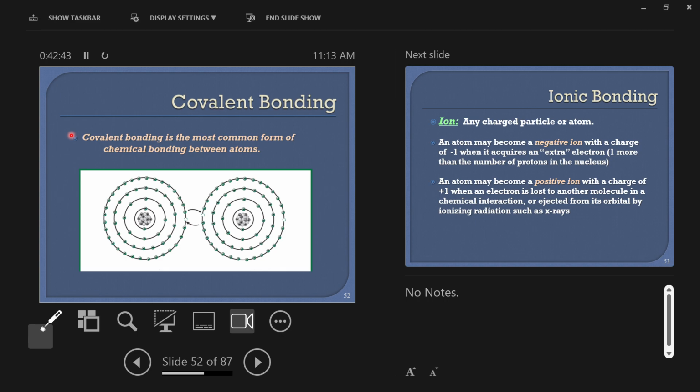We learned why the outer shell needs to be full of 8, because of these suborbitals and the opposite spins of electrons and the electrons having to be paired up, right? So we learned that there's a reason why, but the point is that anytime there's an outer shell with an odd number of electrons, it's going to have to grab onto anything nearby to equal out that difference in charge. Covalent bond.